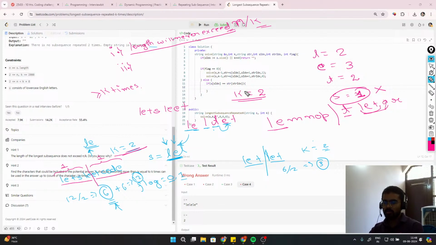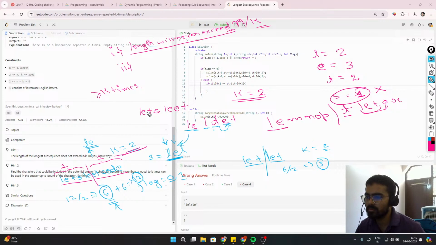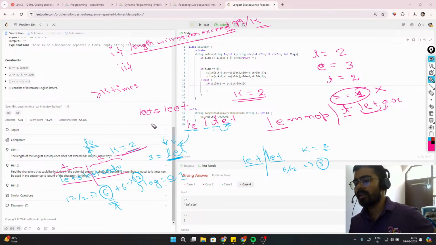Now what we can think from here. Now if E was 4 times, if there is one more E, E would have been 4 times, then I can count this as 2, means what, 4 divided by k.